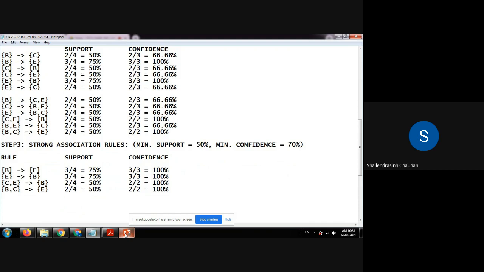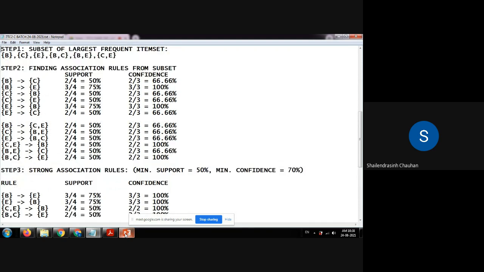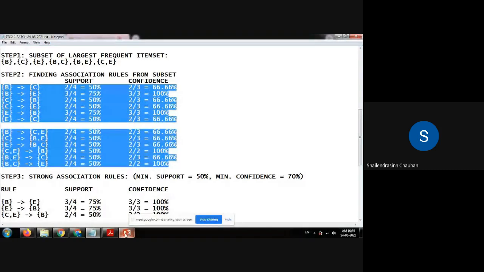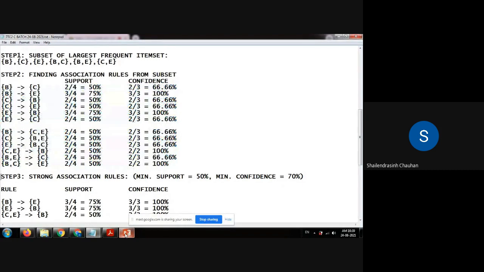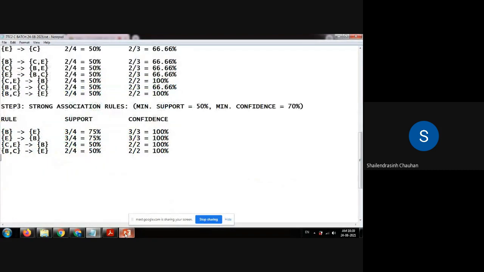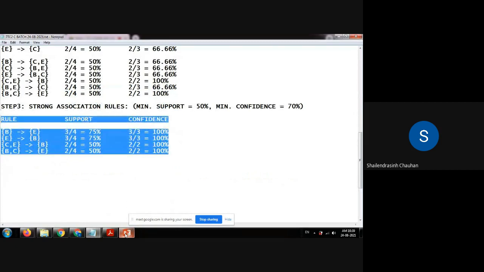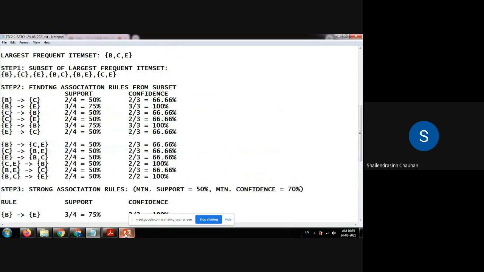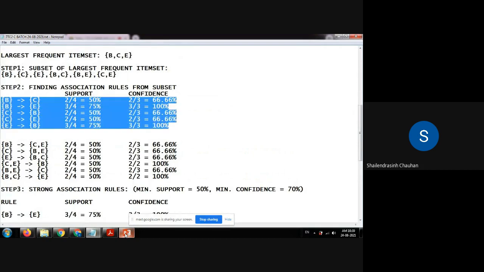So in exam, they can be asked to find association rules and need to write down the rules. If they are asking to find out strong rules, then apply the conditions of strong rule, weak rule, minimum confidence, minimum support. If they are asking to only find out association rules, then you need to find out all possible rules.